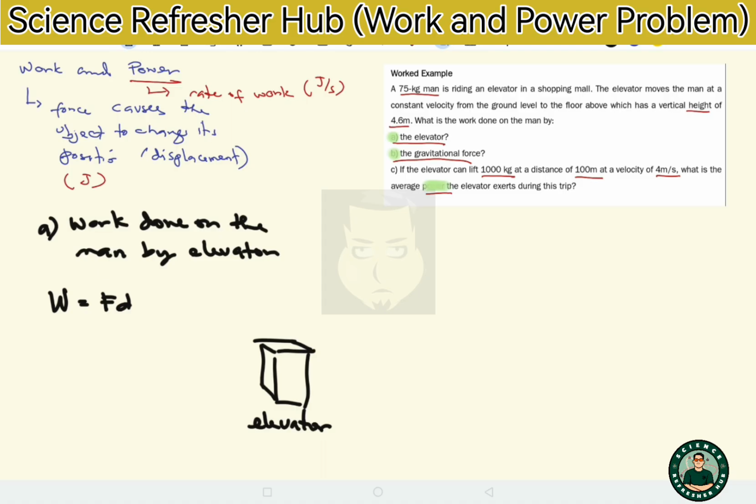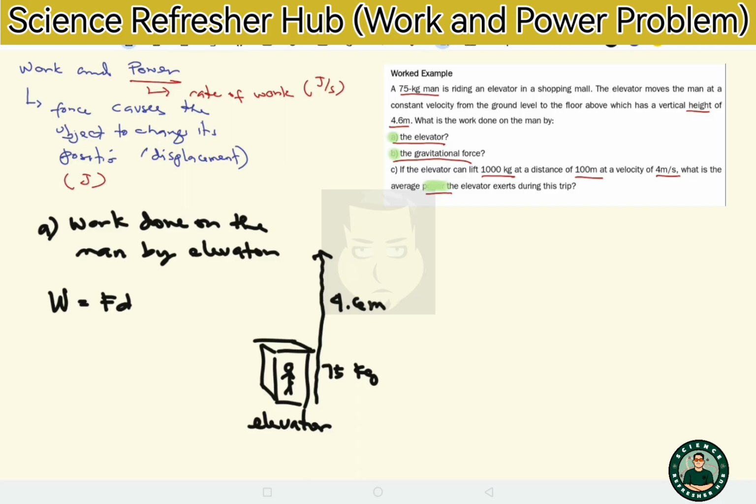According to the problem, there's a 75-kilogram man riding on an elevator in a shop, and the elevator moves the man at a constant velocity upward, right? And that's going to be 4.6 meters from the ground level.